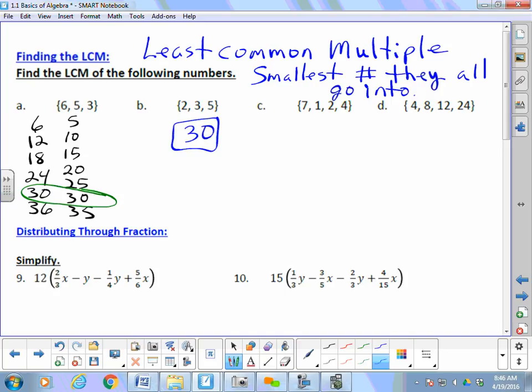So if they are primes, the least common multiple is just the product of all the numbers. If they're not, then you need to list them. All right, so you guys do 7, 1, 2, and 4.